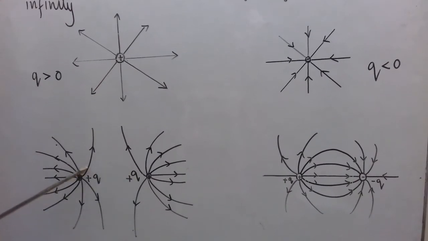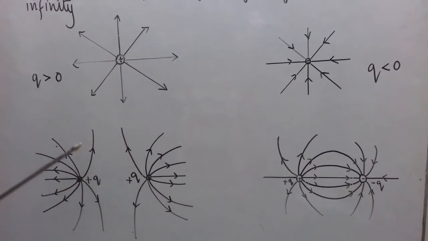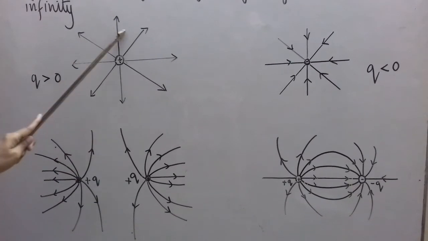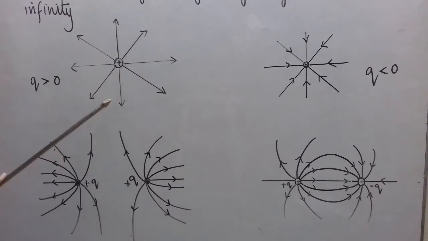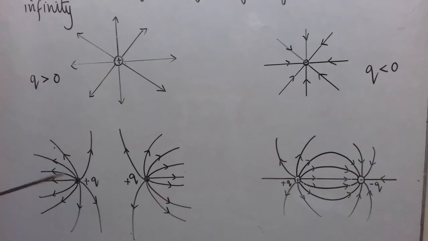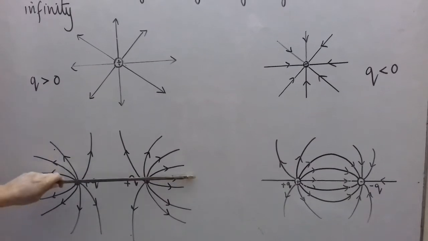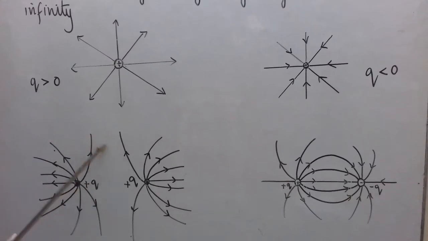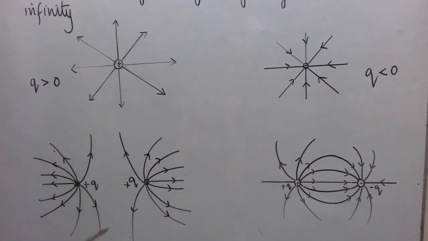But since they are closer here, they will repel, and accordingly these field lines will be modified. Because they will be repelled, the field lines will be curved like this. This straight line will remain straight. So these lines show here that there is a repulsion between the two charges.